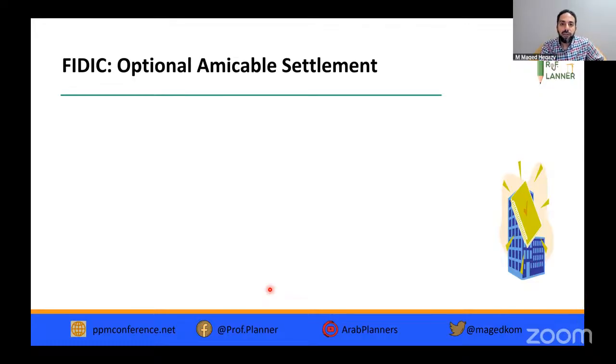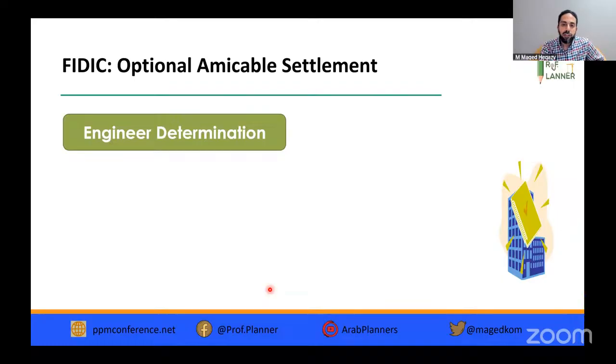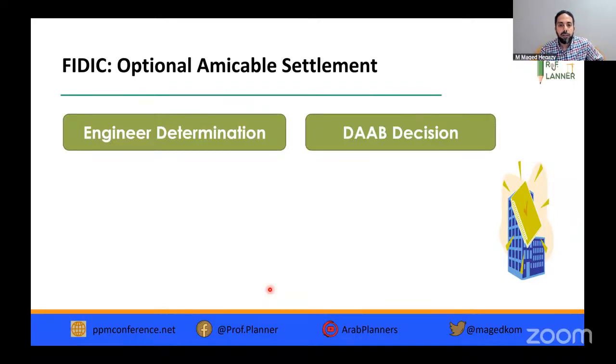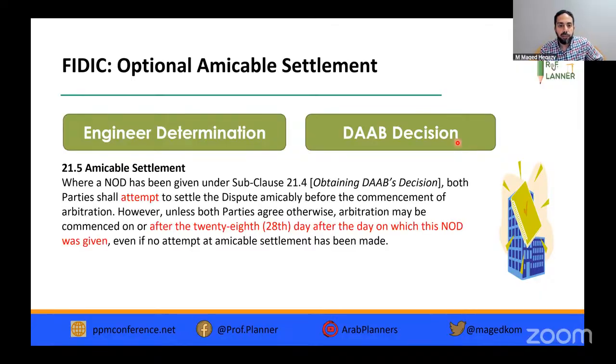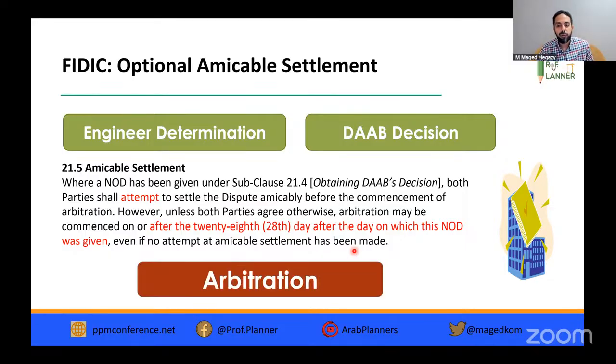In the FIDIC, we have this engineer's determination, agreement or determination. We have the DAB decision. We have the amicable settlement. The parties shall attempt to give a trial to make this amicable settlement within 28 days. And even if they don't make this trial, they can go directly after 28 days to arbitration, if they agreed to go to arbitration.